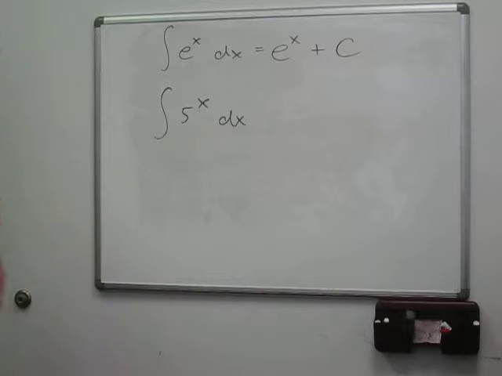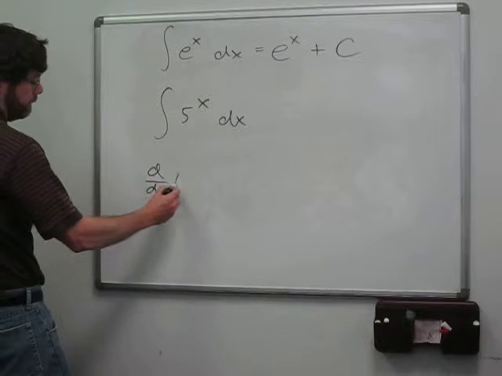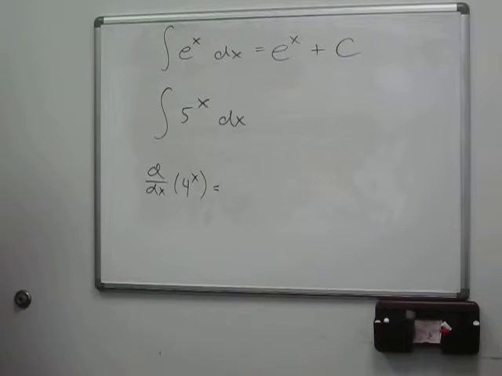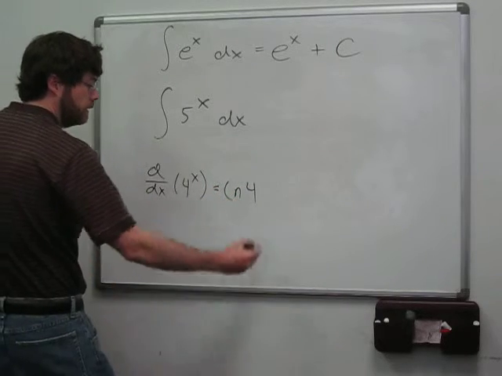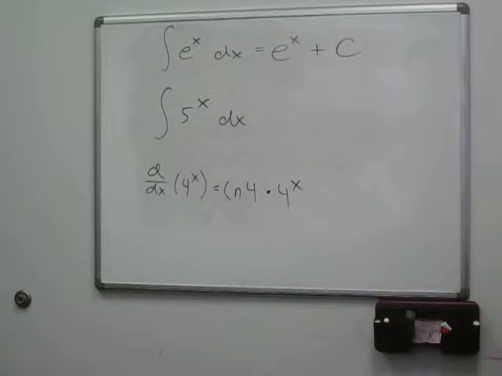Derivatives of exponentials in a base other than e, like perhaps 4 to the x, we learned the derivative here is the natural log of the base times the exponential itself.